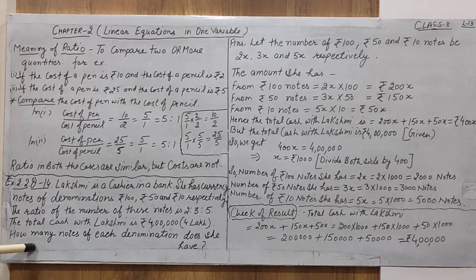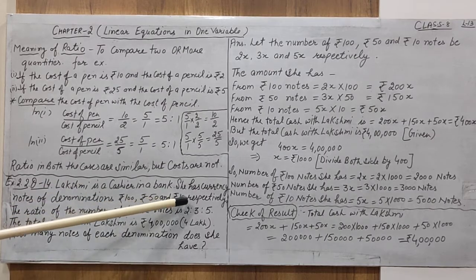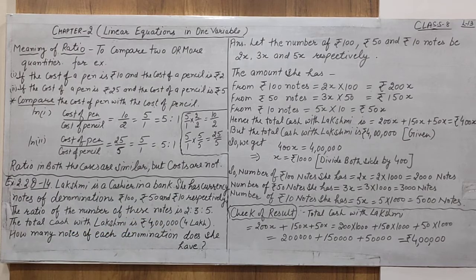Let us start the question in which Lakshmi is a cashier in a bank. She has currency of 100 rupees, 50 rupees and 10 rupees, and the total amount she has is 4 lakh. Now the ratio of the number of notes is given as 2:3:5, but we have to find the exact number of notes.